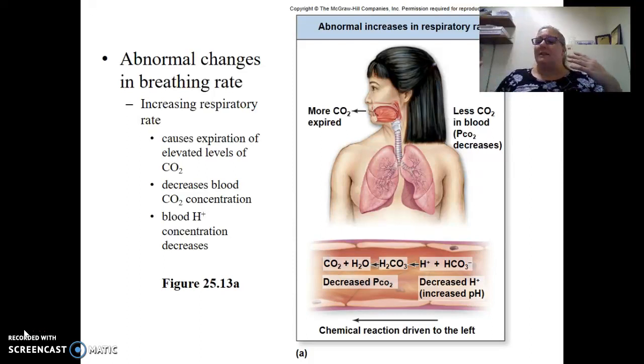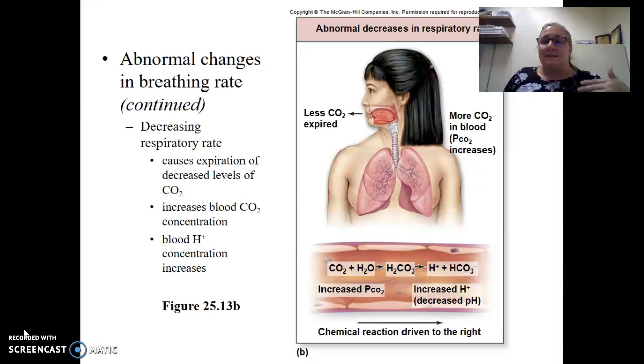So we have this bicarbonate ion that's in our blood, comes in to the blood cell. That's that chloride shift we talked about. Chloride moves out. Bicarbonate mixes with hydrogen. So we're decreasing the amount of hydrogen. Hydrogen and bicarbonate come together forming carbonic acid, which then immediately dissociates to carbon dioxide and water. Carbon dioxide is breathed off, and that's going to cause our pH level to increase because we're getting rid of those hydrogen ions.